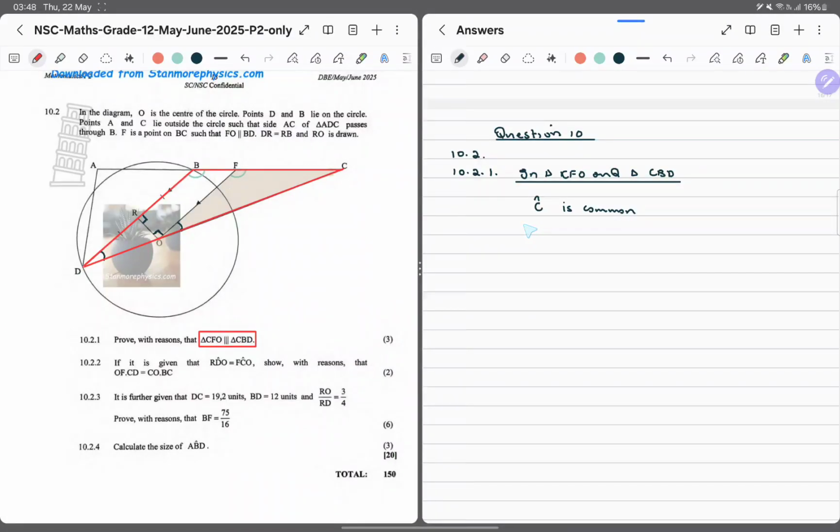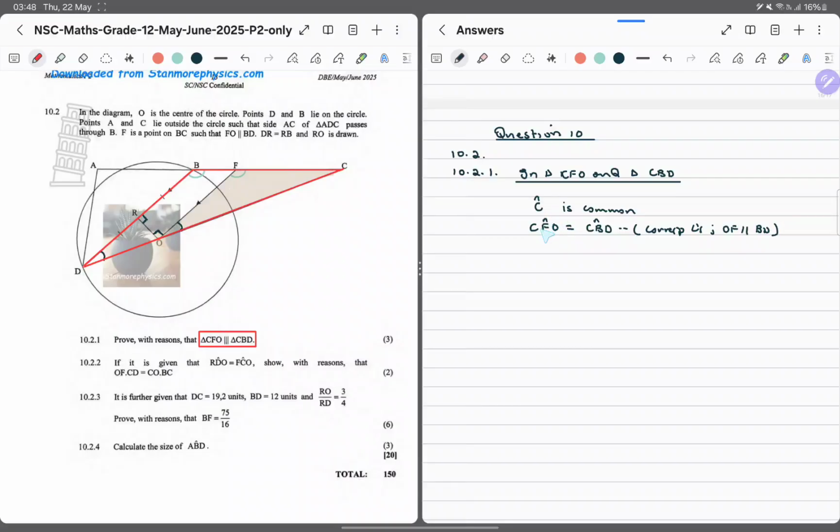And on top of that, we understand that angle CFO is equal to angle CBD. Right. These are corresponding angles with OF parallel to BD.